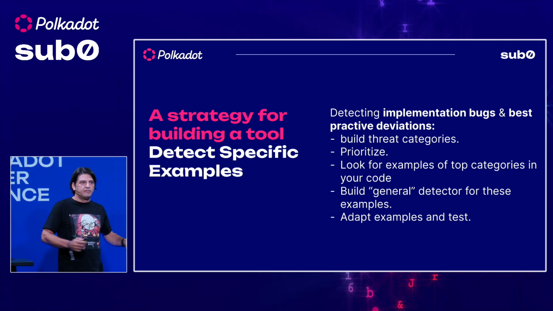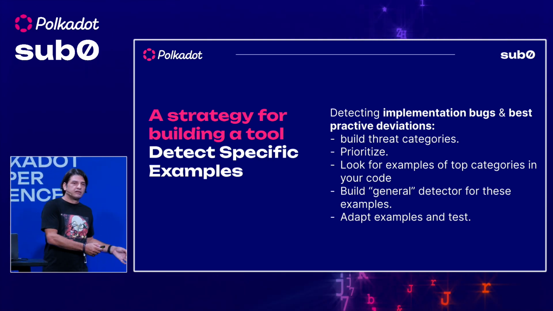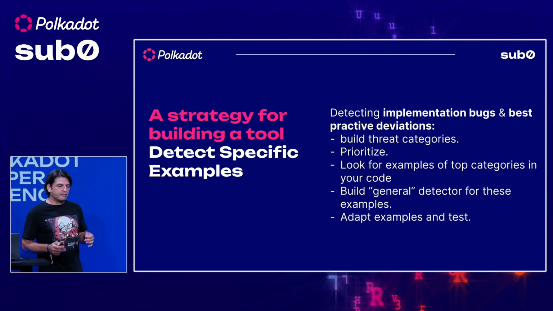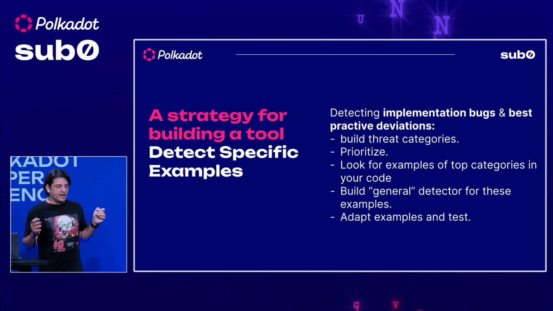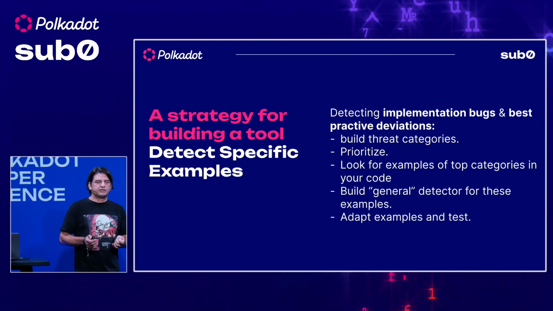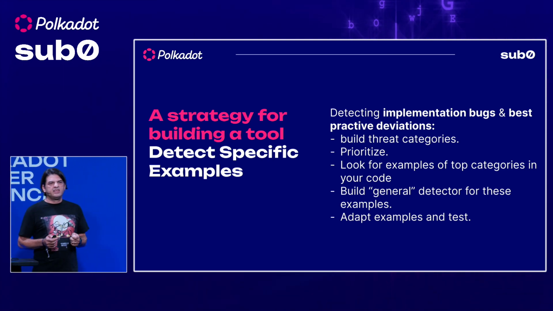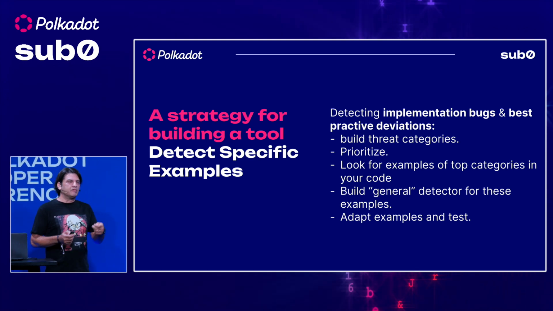And we did many of these, over 20 of these. And then we built detections for these deviations and these threats. And of course, since we don't only want to detect one example, but any deviation from this, any different way of coding this, the detector tools adapt and we build more examples.